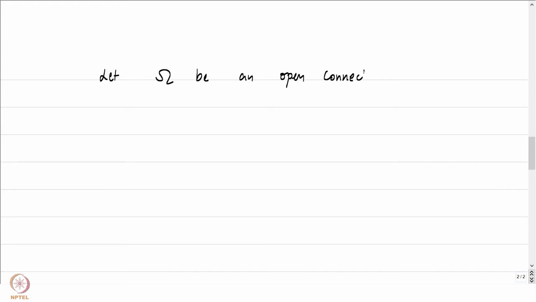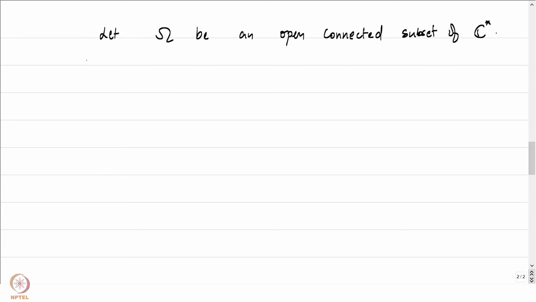So let omega be an open connected subset of C minus 0, or C star. Maybe I should start using C star more frequently so that we get used to the terminology. C star is basically C minus 0, and let's pick some omega which is an open connected subset of C star.